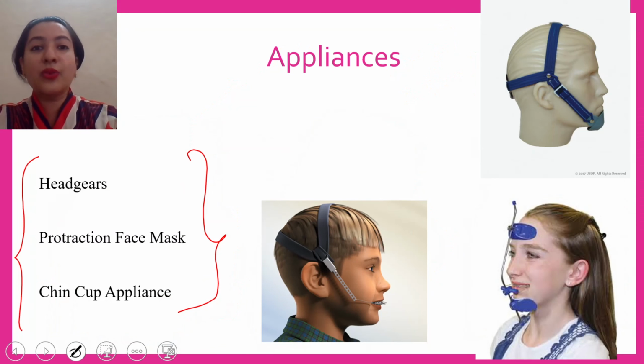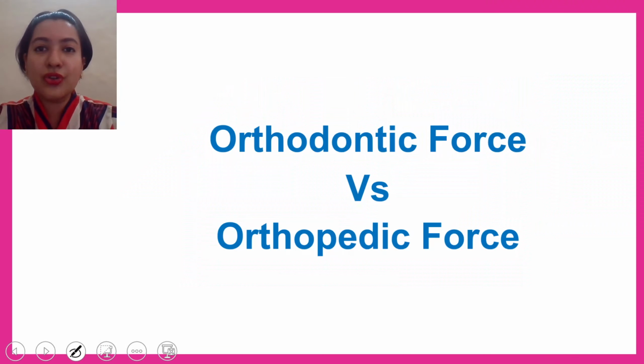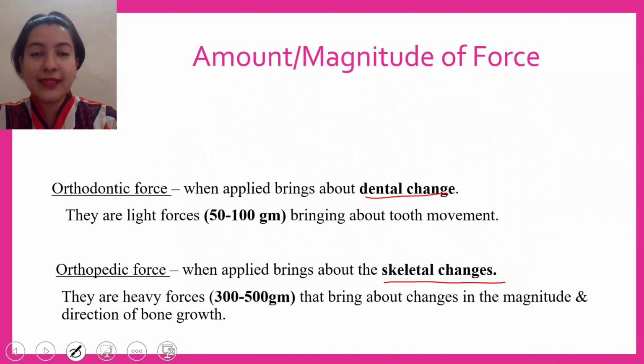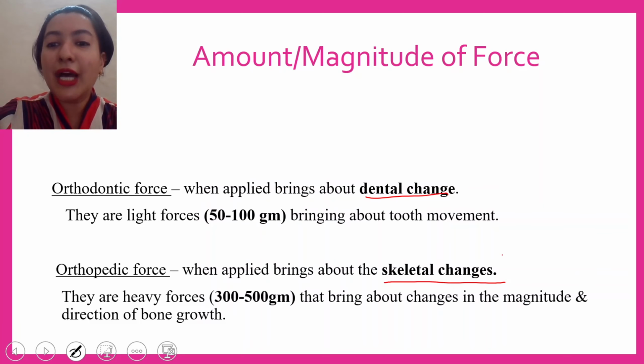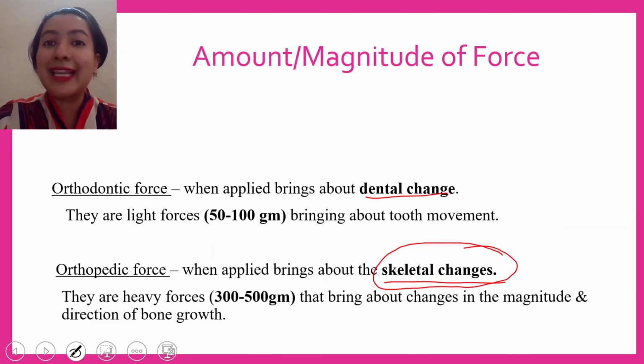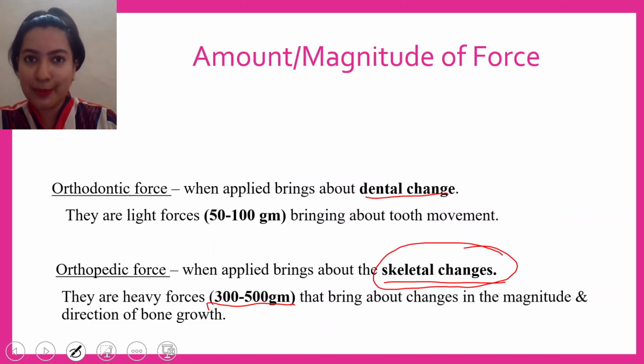Before we start with these three appliances, you should know the difference between orthodontic and orthopedic appliances and a little information about orthopedic appliances. You learned that orthopedic appliances are used to bring about changes in skeletal structures, with 300 to 500 grams of force applied.